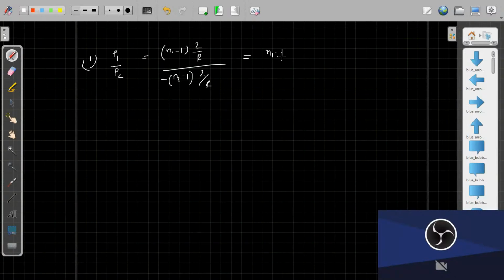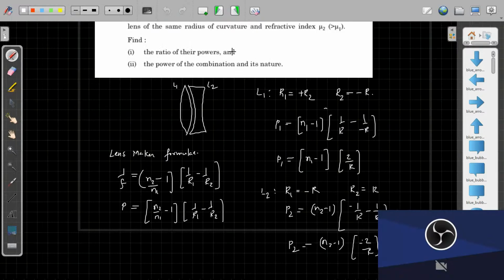I'm left with N1 minus 1 by minus N2 minus 1. Distributing the minus inside, P1 by P2 should be equal to N1 minus 1 by 1 minus N2. Done. This is the first question done.